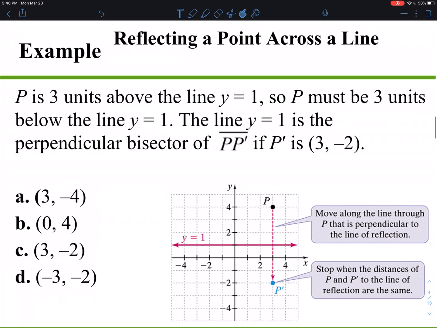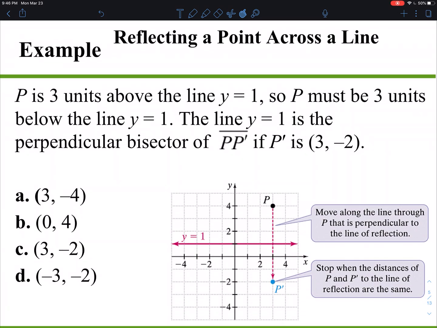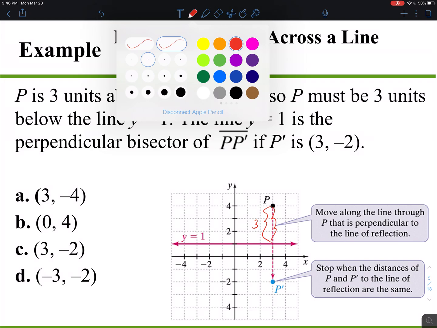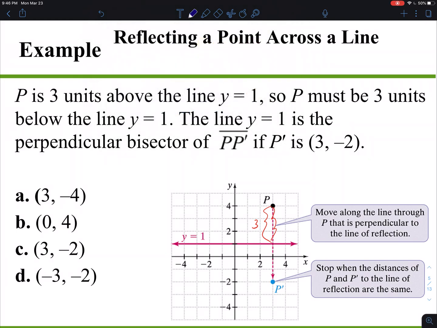So we take a look at this next image here, and you can clearly see that we are so many units away from the line of reflection from point P. Now you can clearly see, I hope, that we're going down 1, 2, 3, so that's 3 units down. Now I should really write negative, but for distance sake, we're just going to use the positives, which means that the other one, to get to P prime from the line of reflection, must also be 3 units.